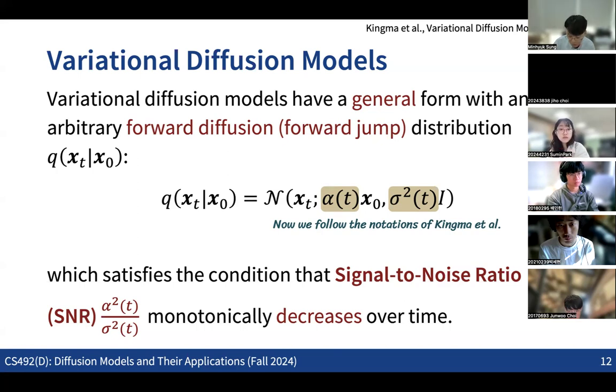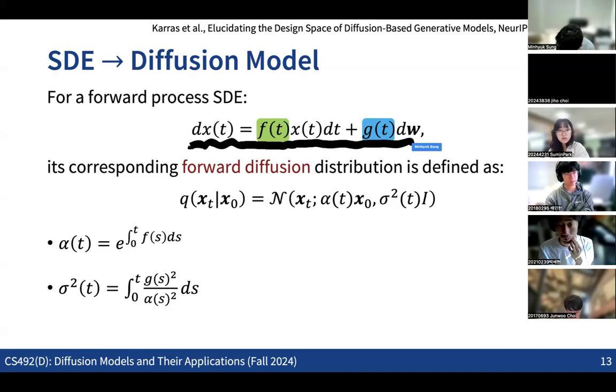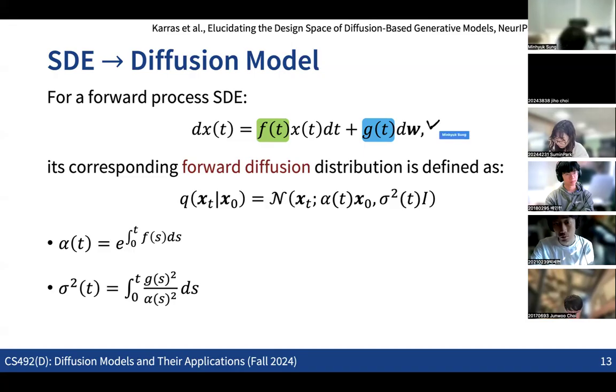Given this more general definition of the forward process of the diffusion model, we can now find the corresponding diffusion model from the SDE. And we can also do the other way around. Let's think about this SDE, which describes our forward process in the continuous domain. Given this forward process, the SDE, we can find the forward diffusion distribution, the forward jump distribution from x0 to xt, which is defined with the scaling term and the variance here.